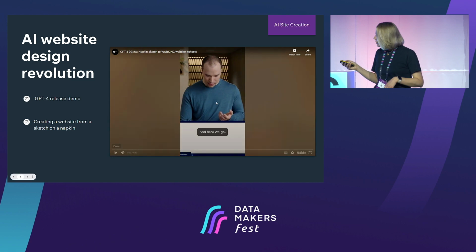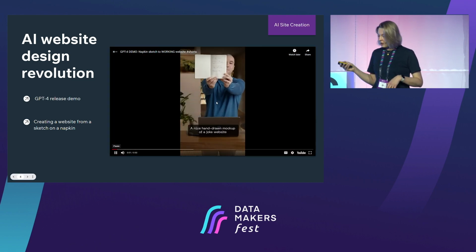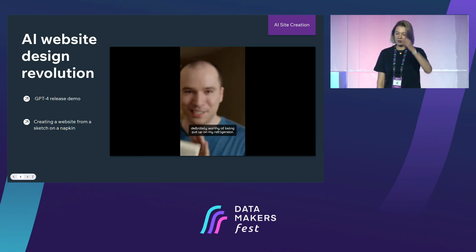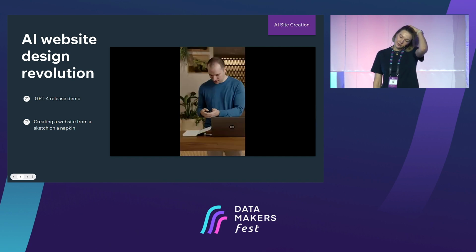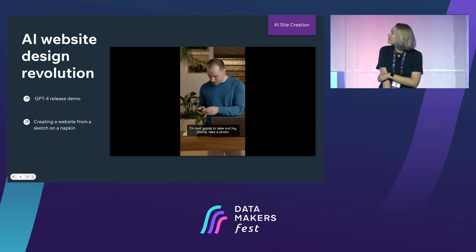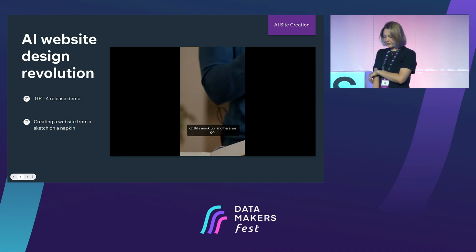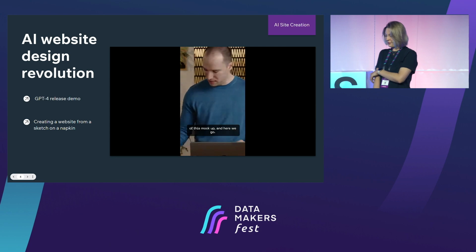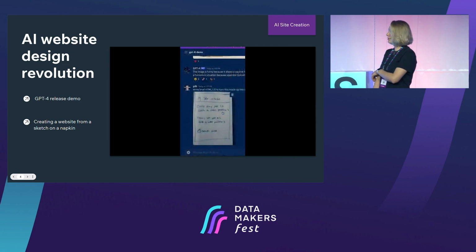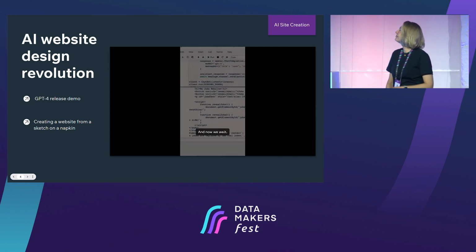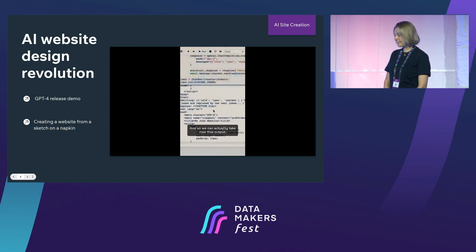A nice hand-drawn mock-up of a joke website. Definitely worthy of being put up on my refrigerator. So I'm just going to take out my phone, take a photo of this mock-up. And here we go. And now we wait. And so we can actually take now this output.